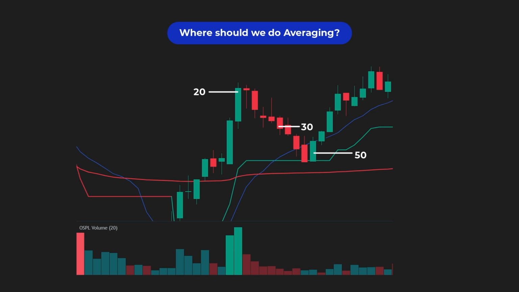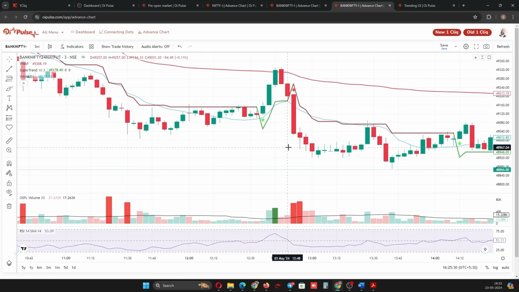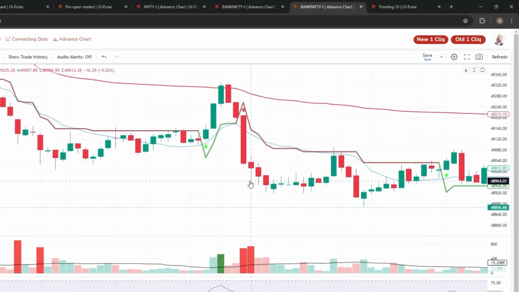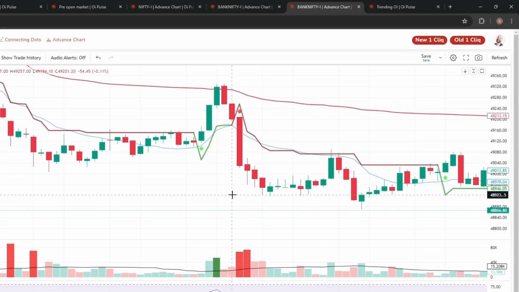So we'll take a small example. In this example, you can see this is a good two candle theory. You have an ascending order of volume. The first volume is 68K and the next volume is 73K. Everything is perfect. Now, how would averaging be done here? Here you would be entering, and if it had gone against you, you would be averaging somewhere here the first time, and you would add some more here, and at VWAP and WMA you would average the maximum.